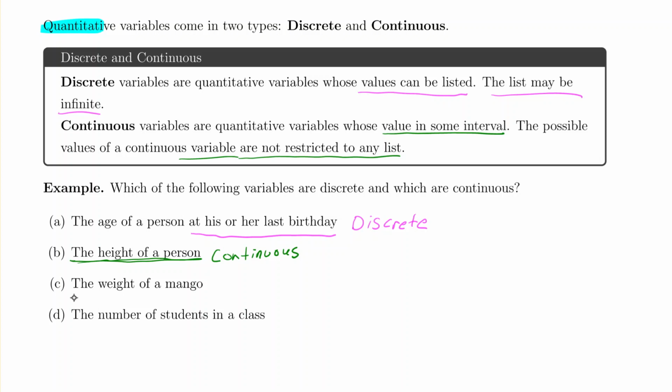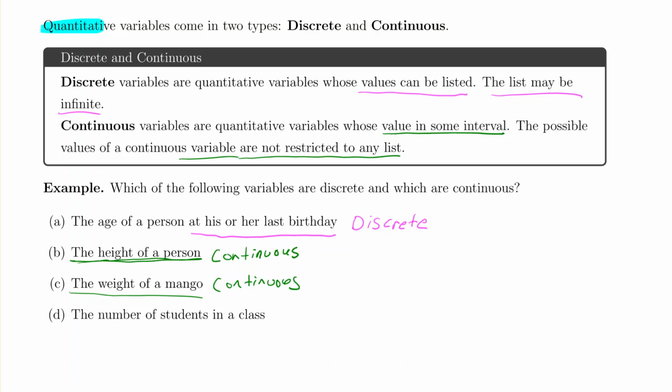The weight of a mango, also, whatever measurement we use, pound, kilogram, ounce, is continuous because we cannot list all the weights. If it said the weight of a mango in whole numbers or to the nearest tenth, then it would be different. Then we can list all of them. Well, we can start to list it, although it might be an infinite list. But in general, weight is continuous.